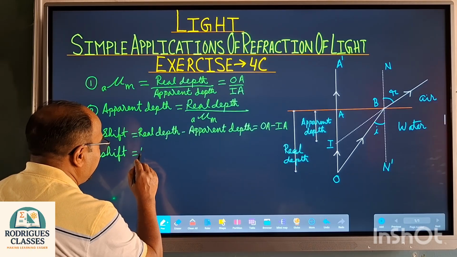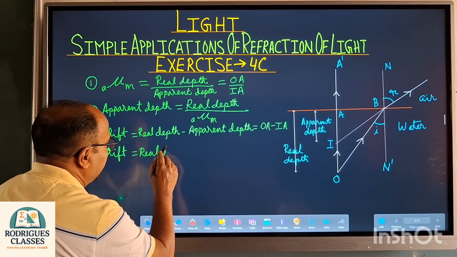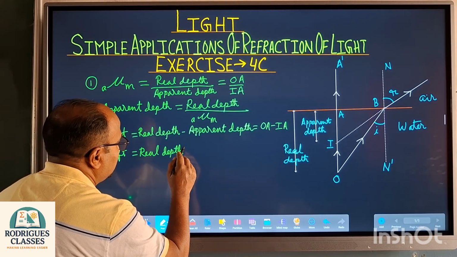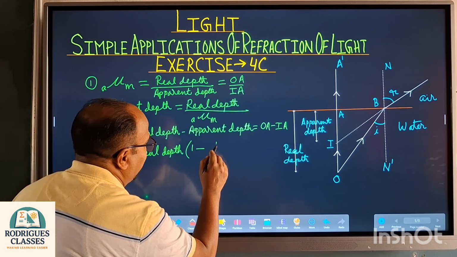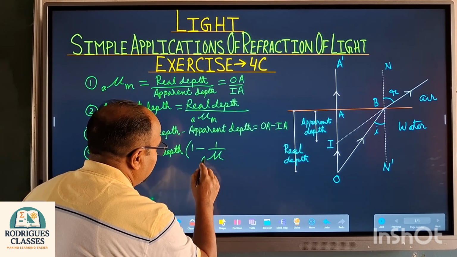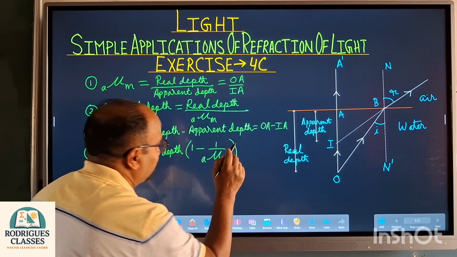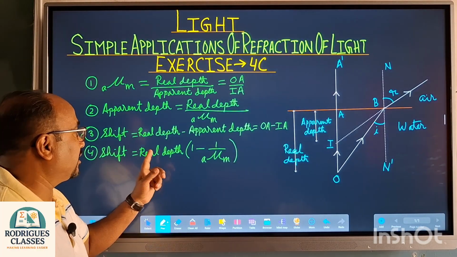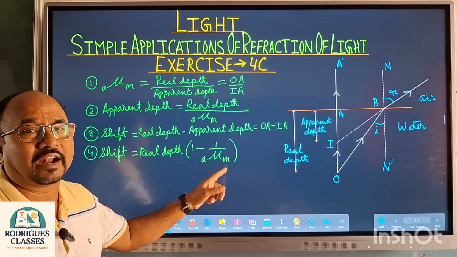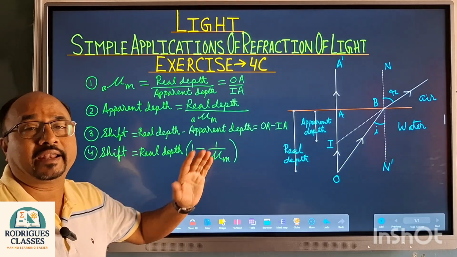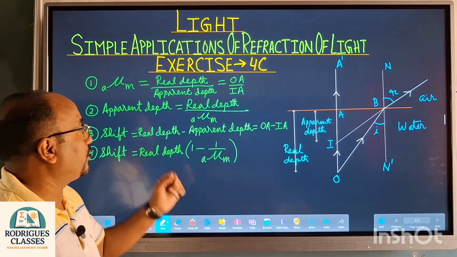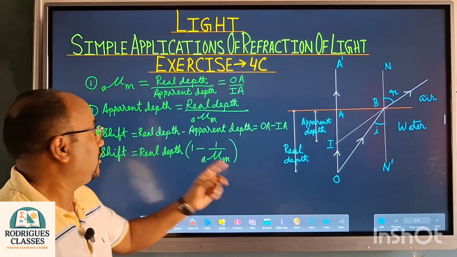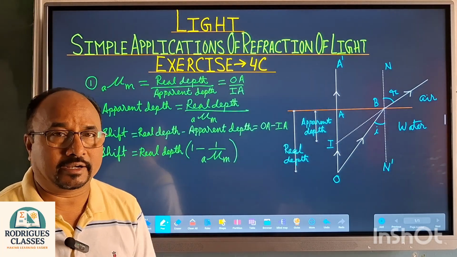It comes to real depth times the bracket 1 minus 1 by the refractive index of the medium with respect to air. So if you are given the real depth and refractive index, you can put them in directly and find it, or you can first find the apparent depth, subtract both of them and get it.